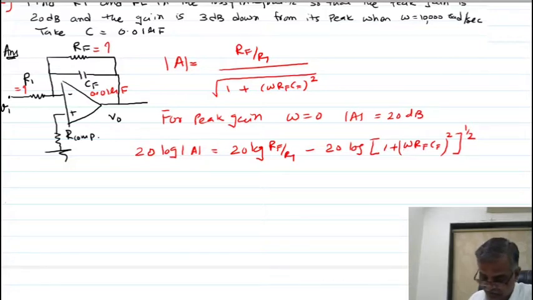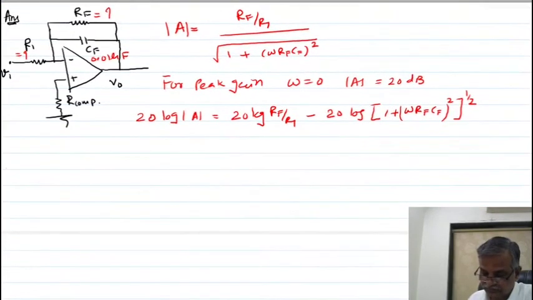Okay. Now, they have given 20 log A as 20 dB.